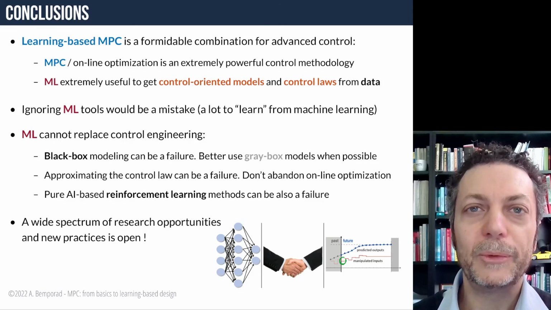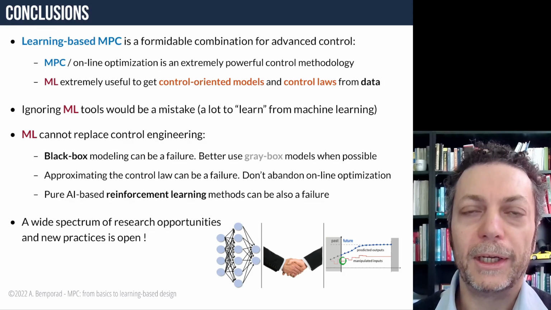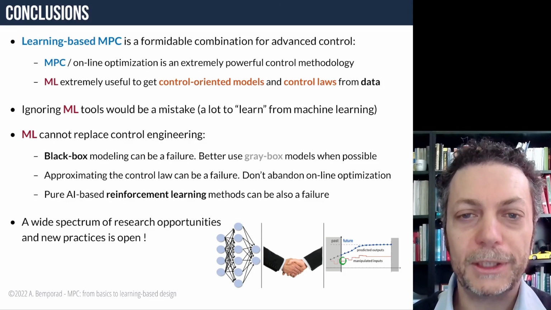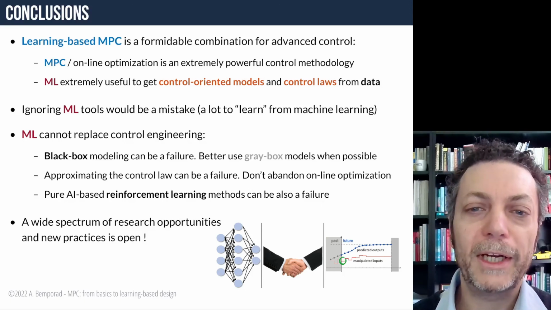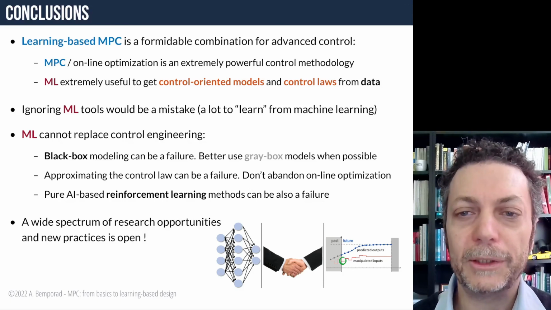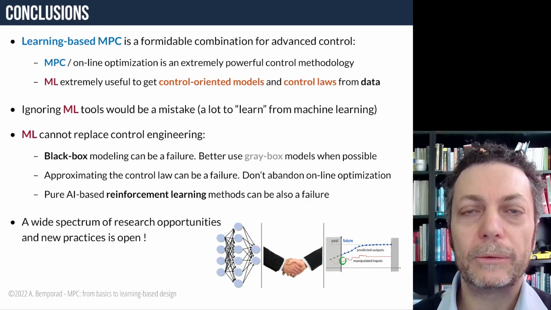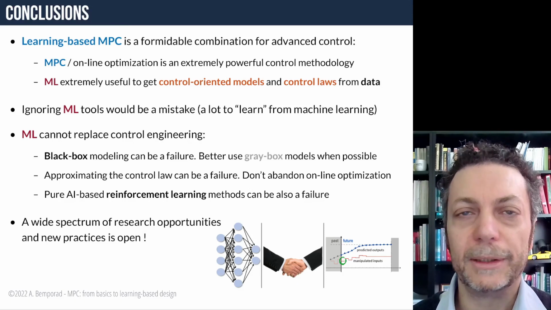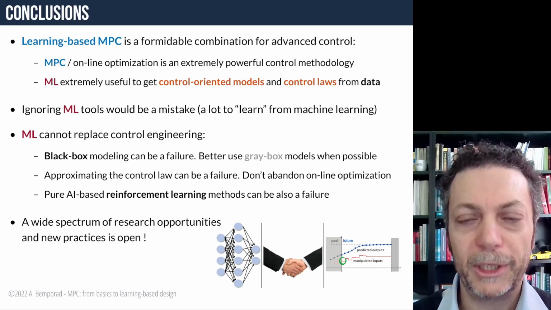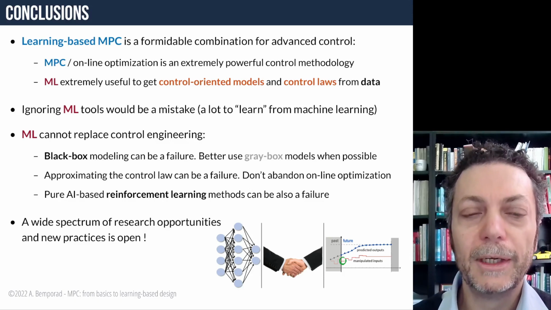With machine learning, which is another powerful set of methodologies to, on one hand, derive models that you can use for prediction, and also to approximate the control law, or even get the control law from data, for example, using reinforcement learning methods that we haven't seen in this lecture.